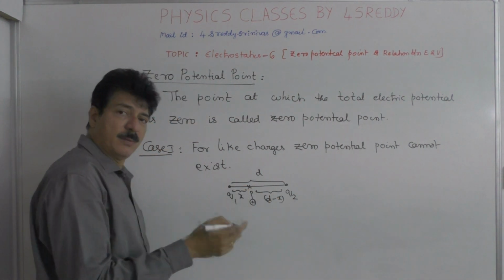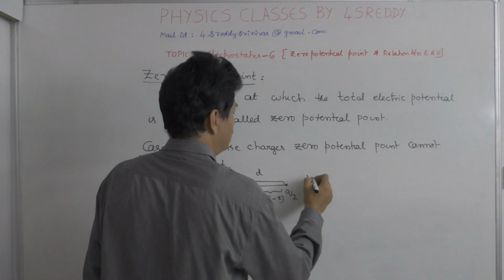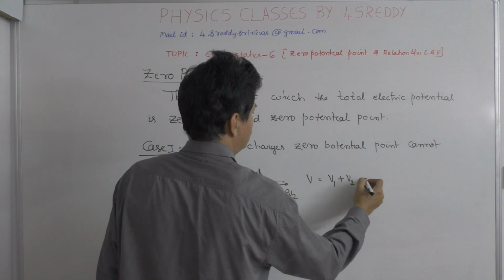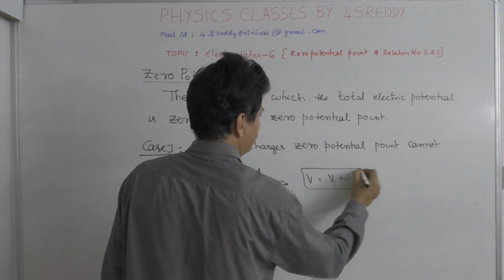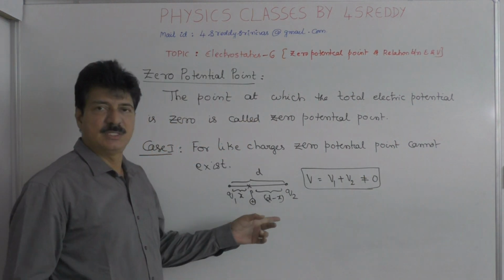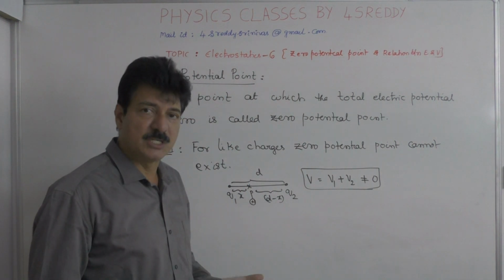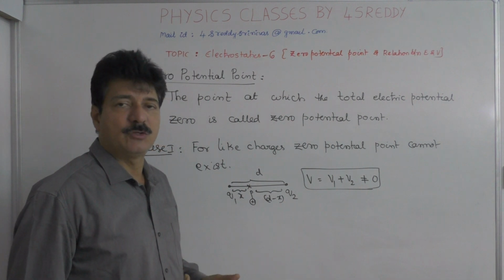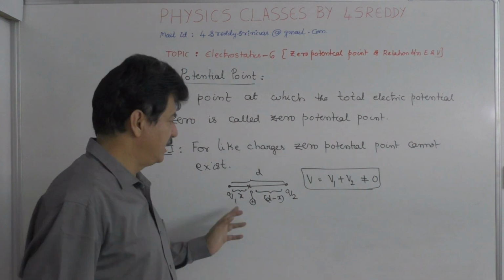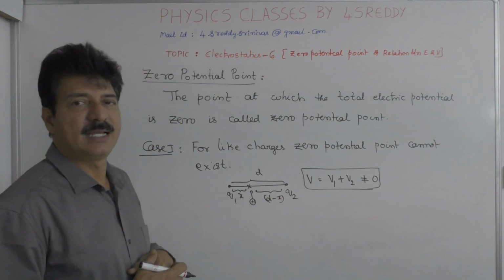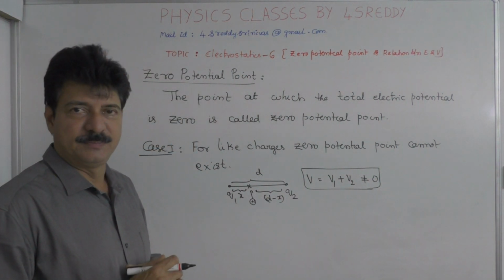Then the total potential at point P is given by V1 plus V2, which is not equal to 0. Because this charge is positive, this charge is positive. If the charge is positive, potential is positive. If charge is negative, potential is negative. But here both are positive charges, so the zero potential point cannot exist.